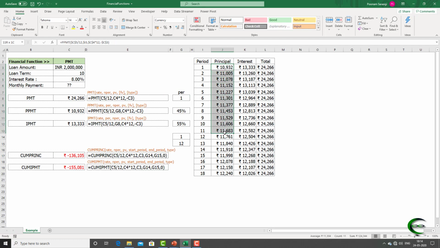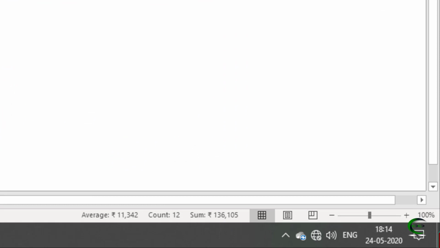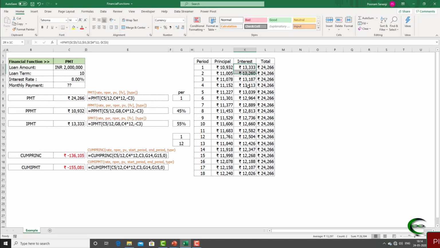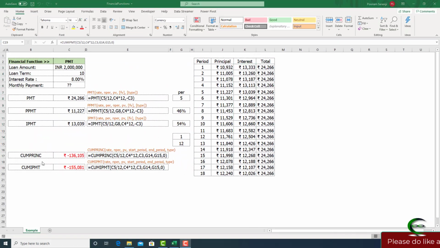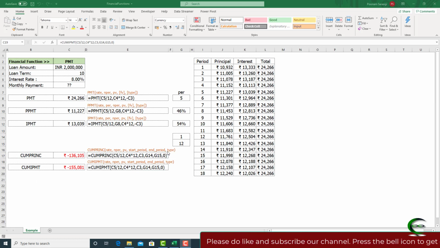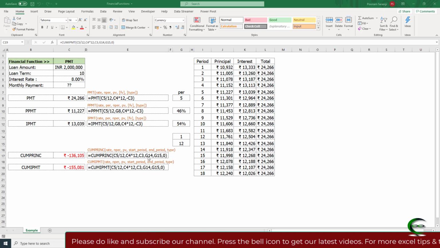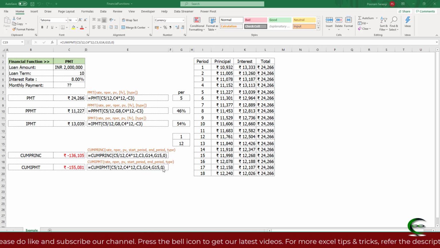If we add this 12 EMIs principal value, it is 136105, and if I add interest, it is 155081. In these two functions where we are calculating cumulative principal and cumulative interest, the last argument, type, is a mandatory argument, and we need to update 0 or 1 in our formula.